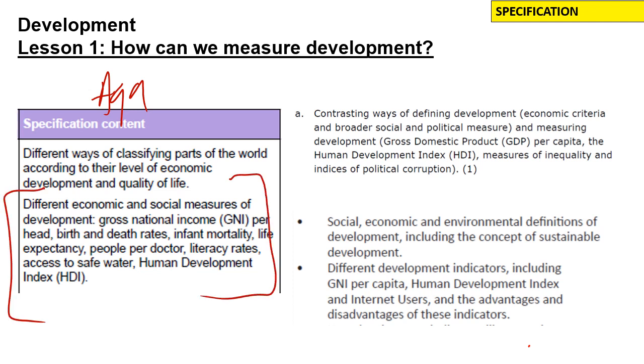If you are with Edexcel over here, we will answer all aspects of the specification today, excluding political corruption. However, there is a lesson that will come on this in the future. And if you are with OCR down here, we will refer to all aspects of the specification except sustainable development today, but there will be another lesson in the future.